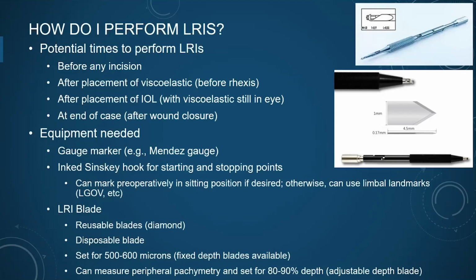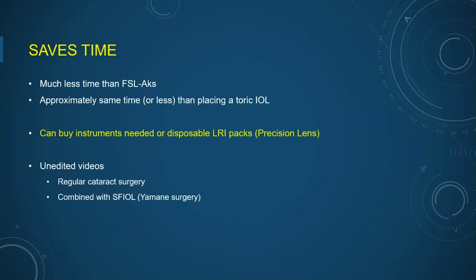But by and large, in my practice, I pretty much use a 600 micron blade, and that keeps us out of trouble and is pretty effective, compared to having to measure and adjust the LRI for every single patient. It saves time. It's much less time than femtosecond laser AKs. It's probably the same time or even less than placing a toric IOL.